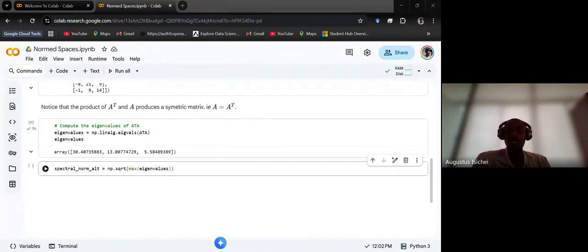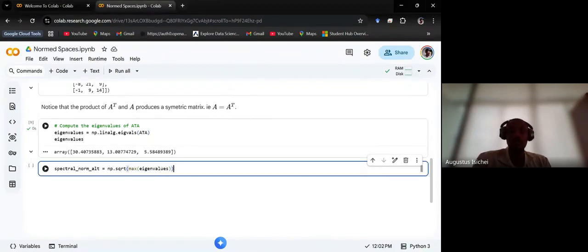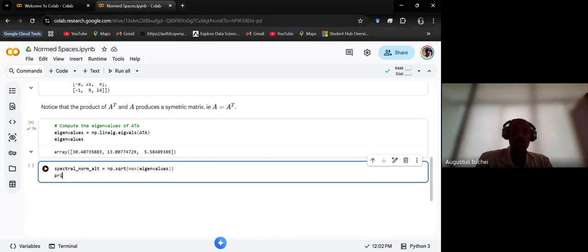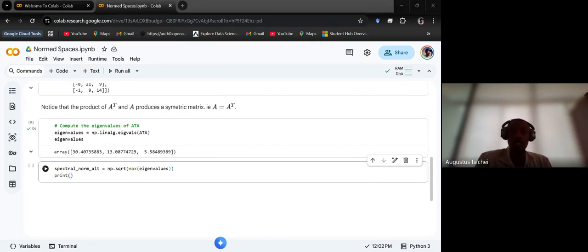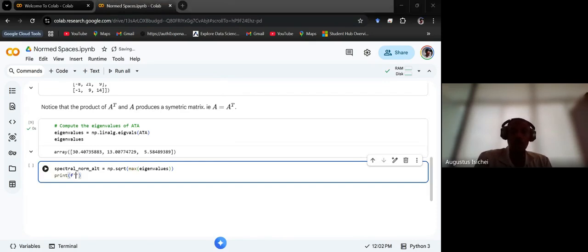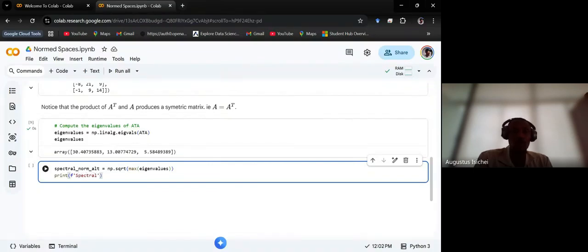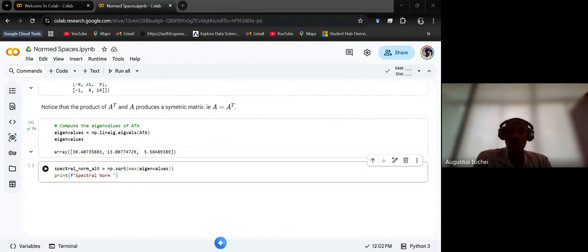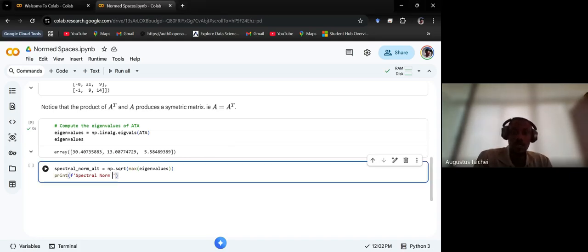Now with this, we can say print. I'll use the F string, print the spectral norm. Print the spectral norm of what? Print the spectral norm as is.